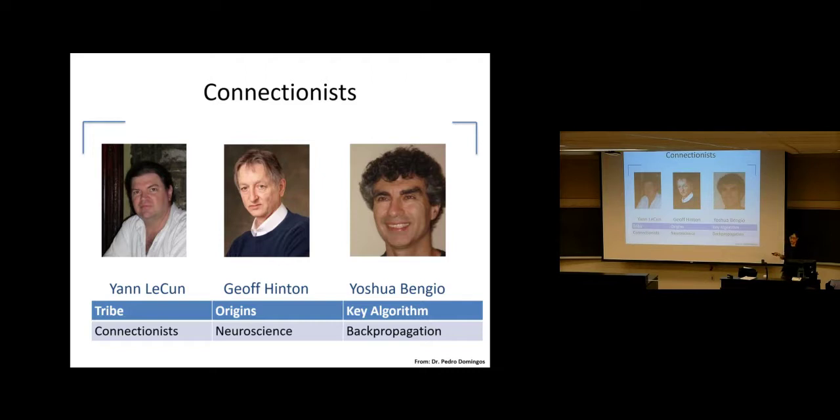Their origin, if you ever listen to their talks on YouTube, in their early talks they always say something related to the design being related to the cortex or how the brain works. A lot of design ideas were indeed inspired by how the human brain works. So that's why this crowd is called connectionist.